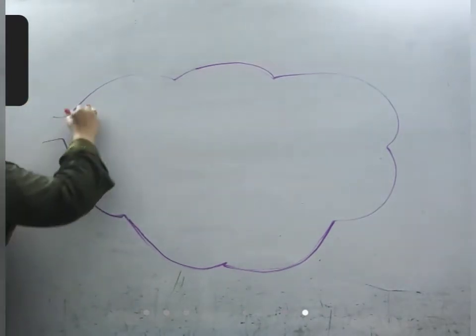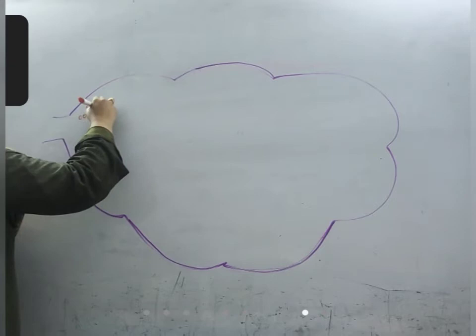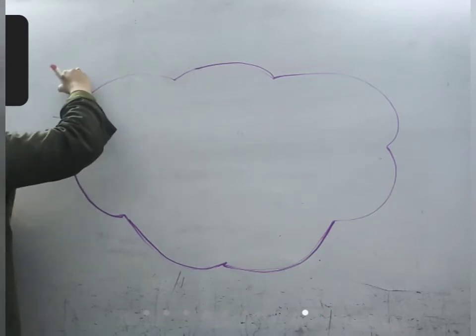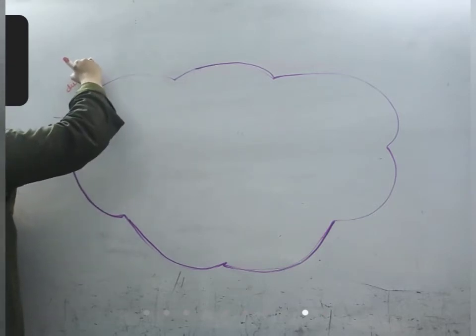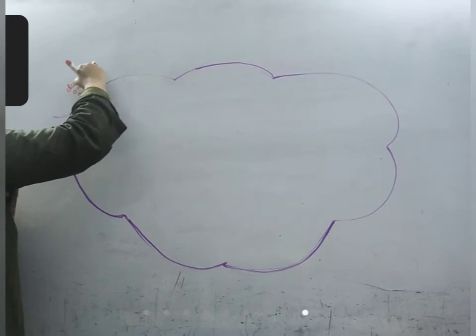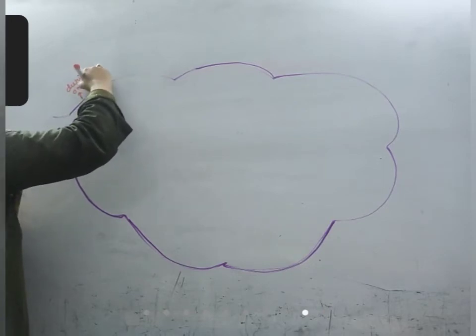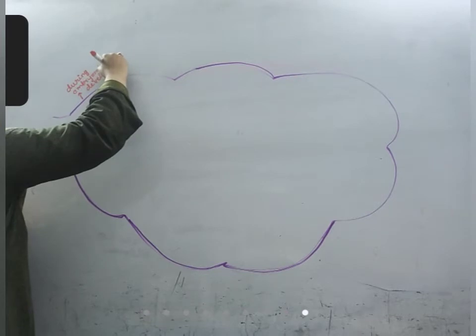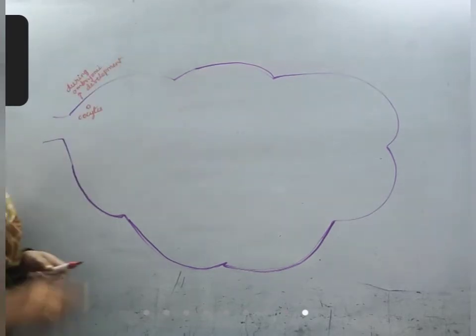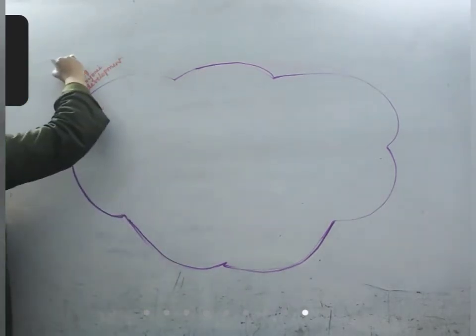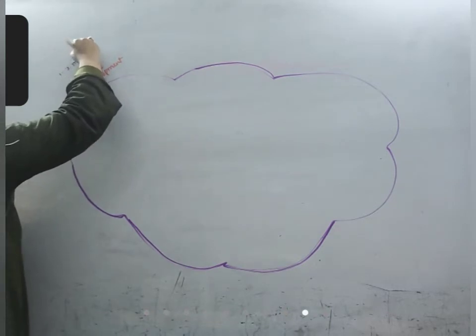Oocytes are formed before birth, during embryonic development. After that, how many are present? 1 to 2 million are present.